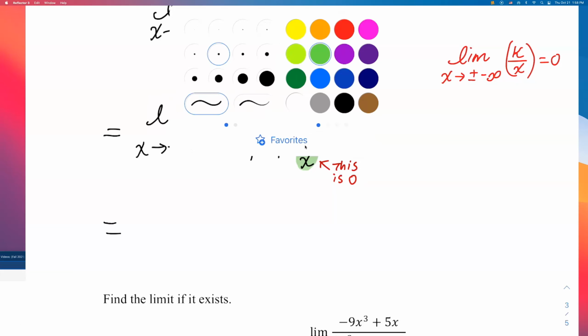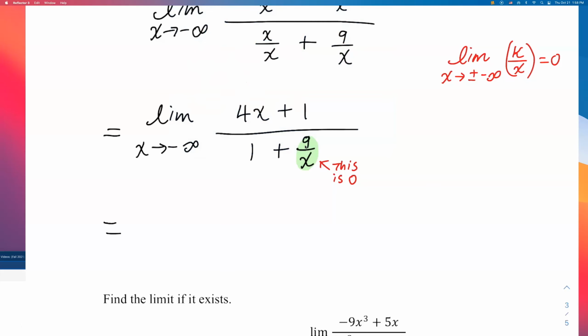But there is this other troublemaker right here. Let me box this. That will not be 0. That will be 4 times negative infinity. 4 times negative 5 billion, negative 4 billion. It's going to be 4 times a really, really, really big negative number.